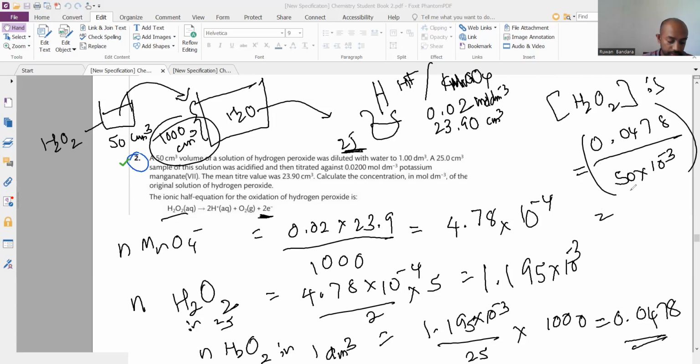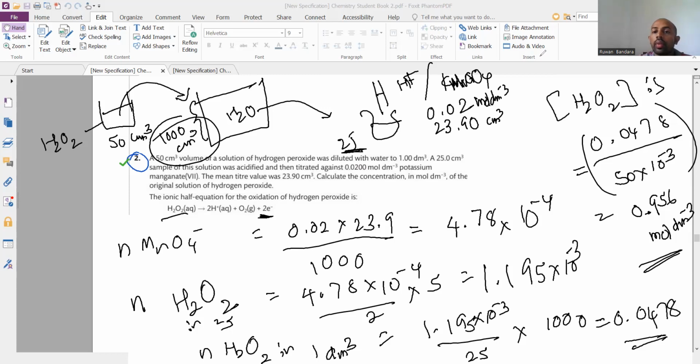You can get the concentration in mol dm-3. Is this clear? Others? Right.